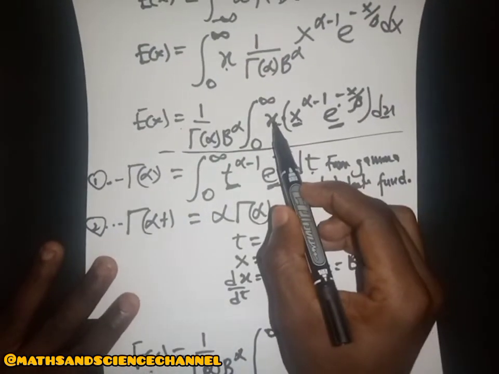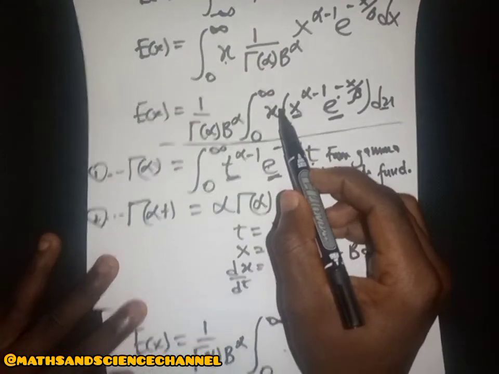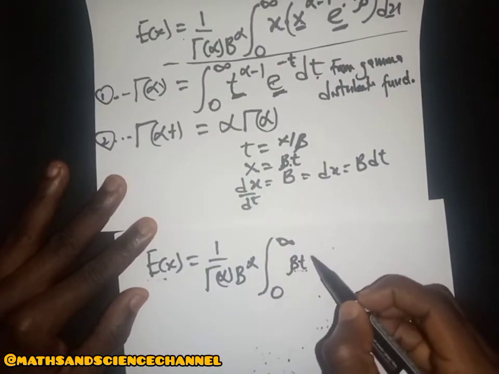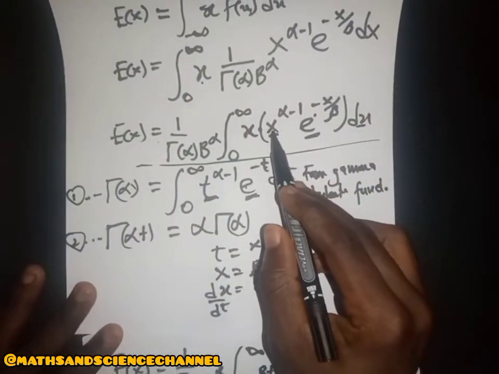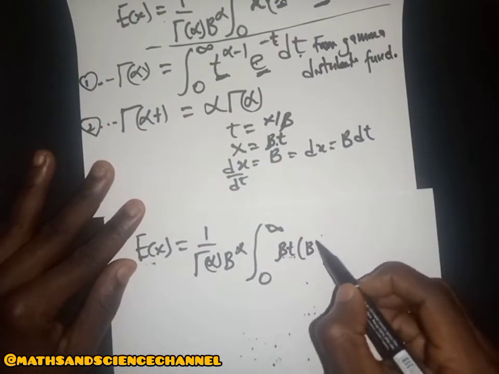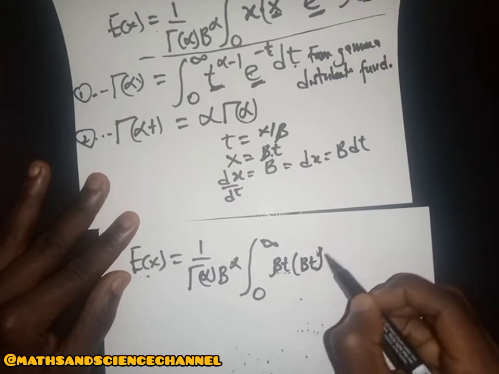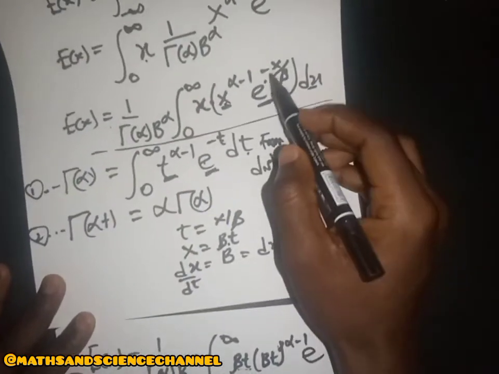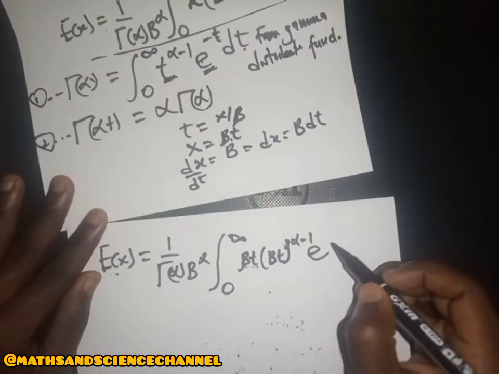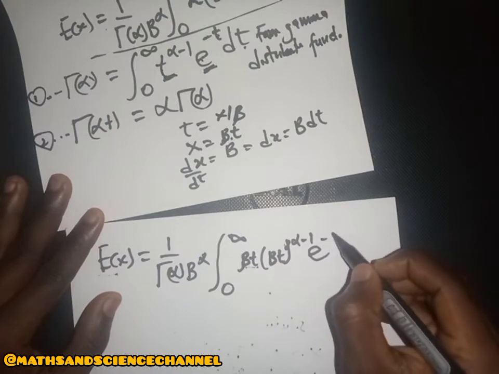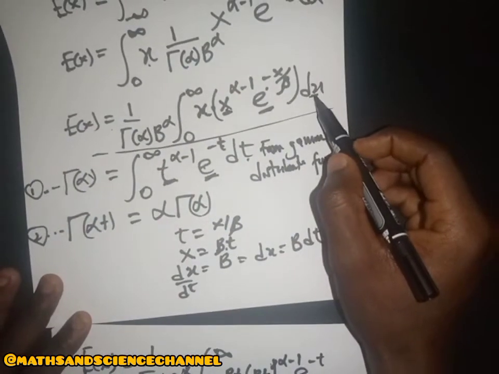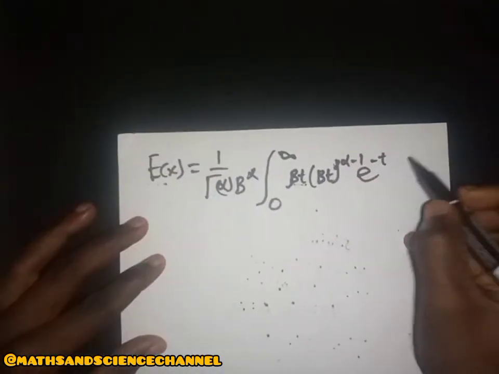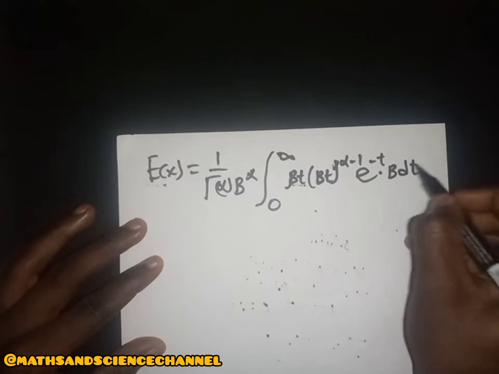In this case we have this here to be x, and then we said that x is equal to beta t, so we have beta t here, then into bracket we have x here, which is still beta t to the power alpha minus 1, and then e to the power minus x over beta is just t, so it will be minus t here, and then we established that the dx here is equal to beta dt, so it becomes multiplied by beta dt in this case.